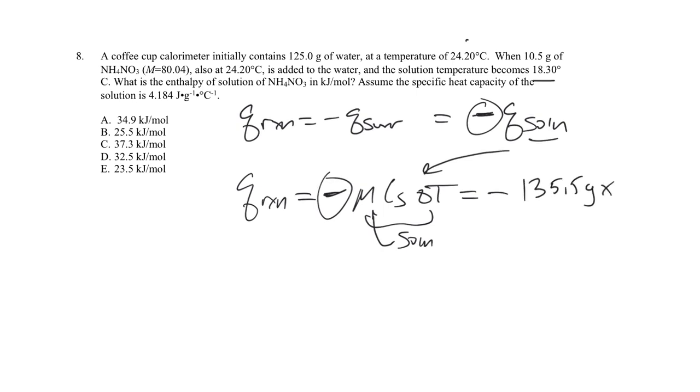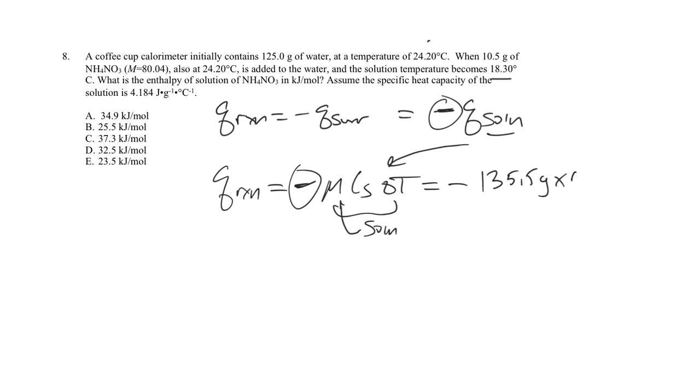So mass of the solution, 10.5 plus 125 is 135.5 grams times the CS. We're told it's 4.184 joules per gram degree C, and then times the delta T. Temperature is dropping. So I'm pretty sure I have an endothermic reaction due to the temperature dropping, because heat's being absorbed, leading to the solution temperature dropping. Negative 5.9 degrees C. Just make sure to take your final temperature minus Ti.